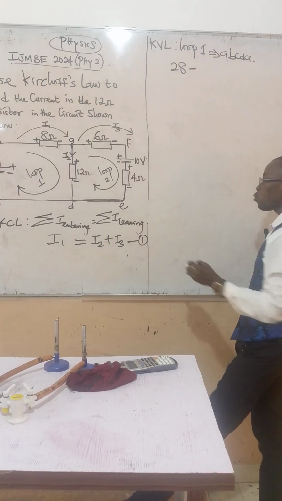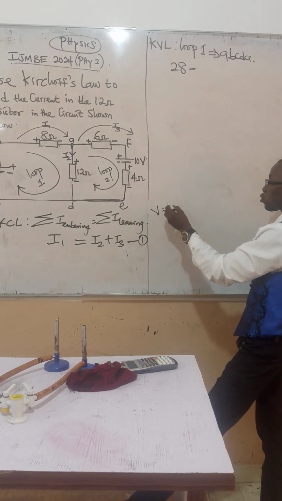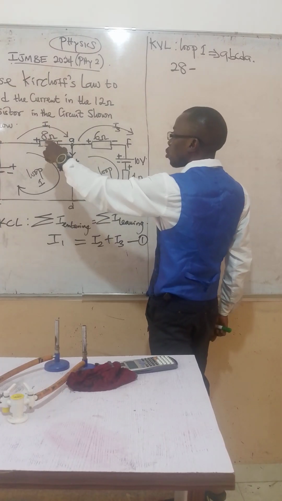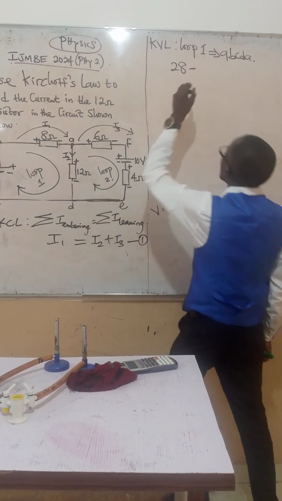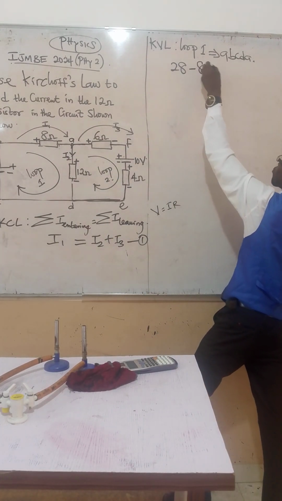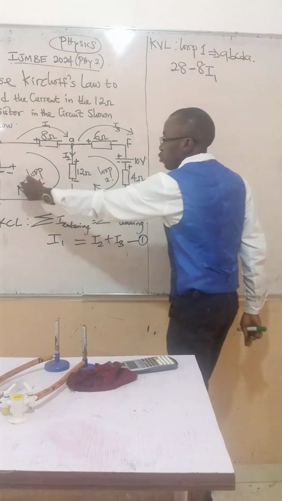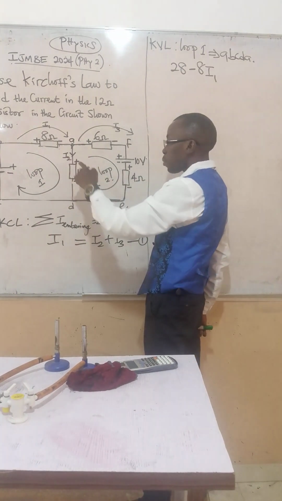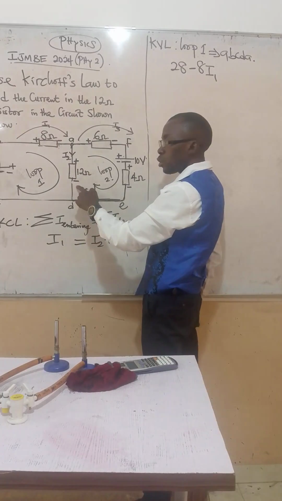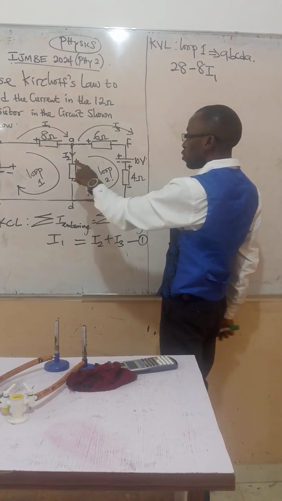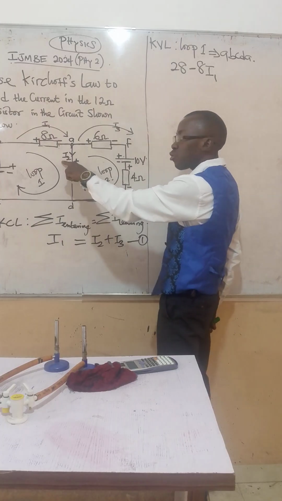But remember from Ohm's law, potential is the product of current and resistance. So the current here will be multiplied by this resistor, and that will be minus 8 I1. Similarly, in the direction of the current, you come back to this part from the region of higher potential to lower potential. That will give a potential drop, which is still in the direction of this current I2.